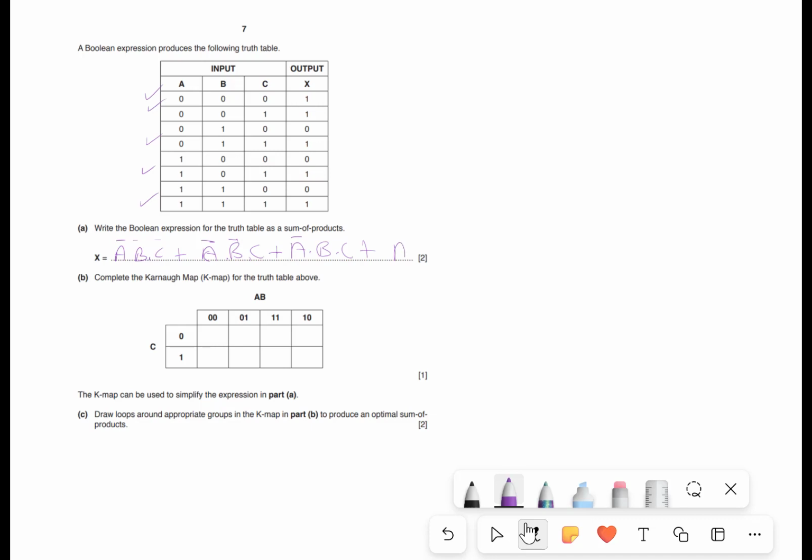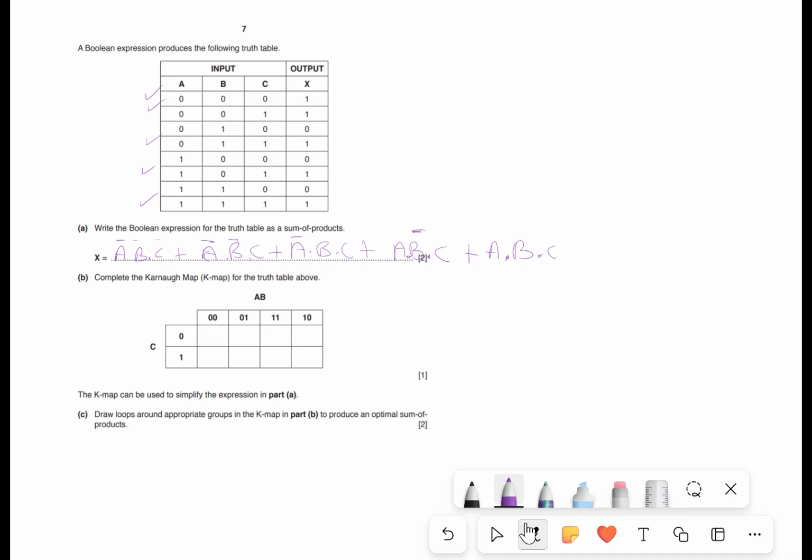We've got A, we've got not B, and we've got C, or we've got A, B, C. You can actually just write A, B, C like that. That means AND. You don't need to do the dot, but we're always going to do the dot because we're not taking any risks with our exam board. So there you go. Now let's do our K-map.